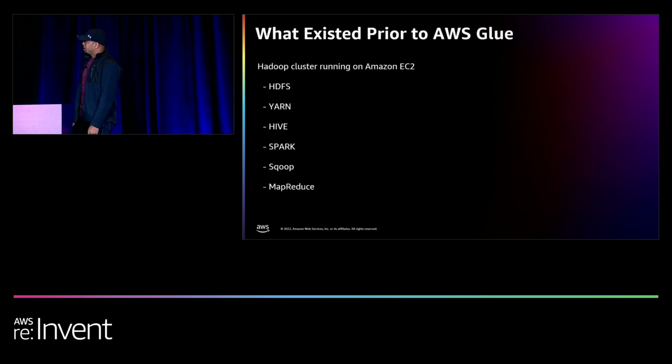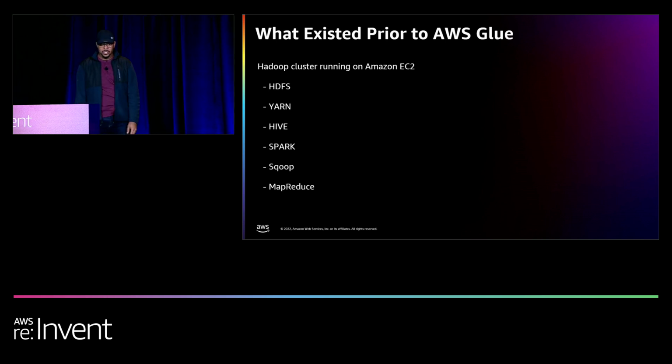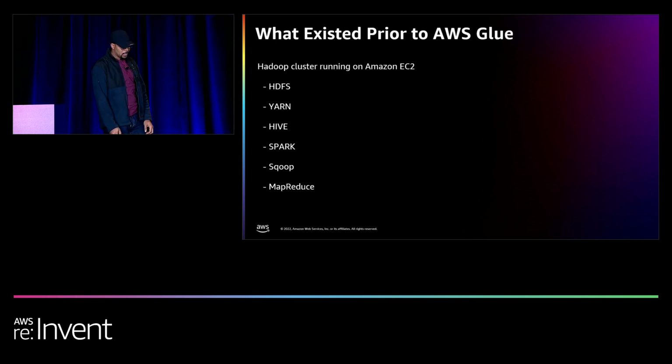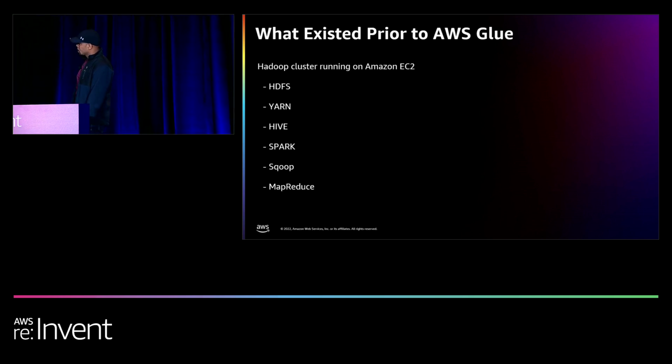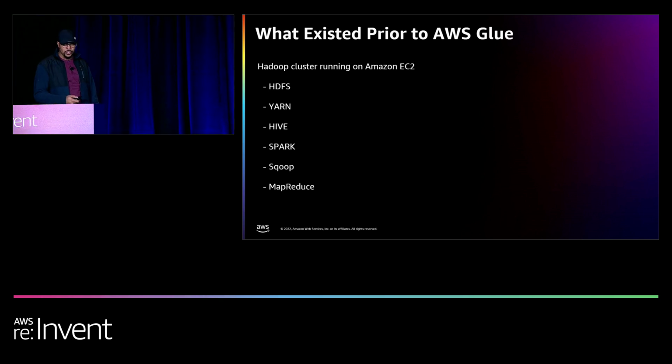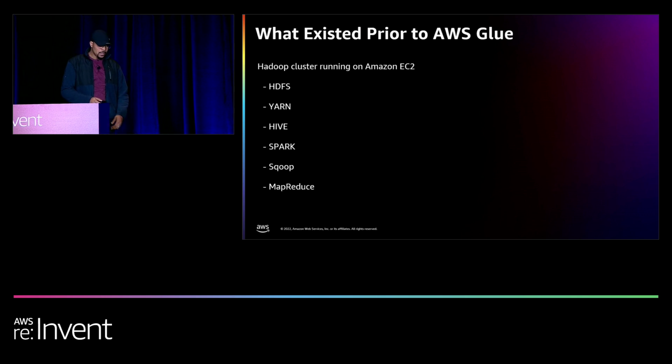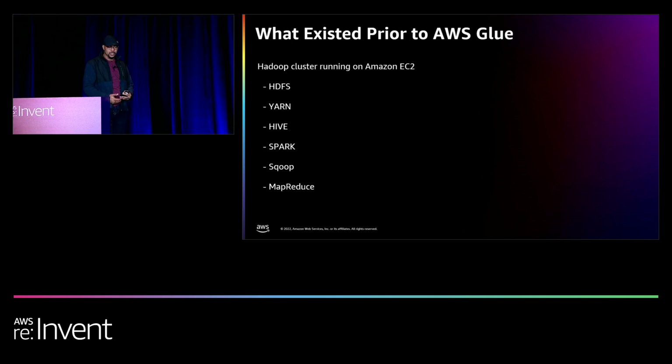Well, to understand why we got to this point, first you'll need to understand where we were in our journey with analytical jobs. We were running Hadoop on EC2 instances, and we used the typical stack, which is HDFS, Yarn, Hive, Spark, Sqoop, some MapReduce.